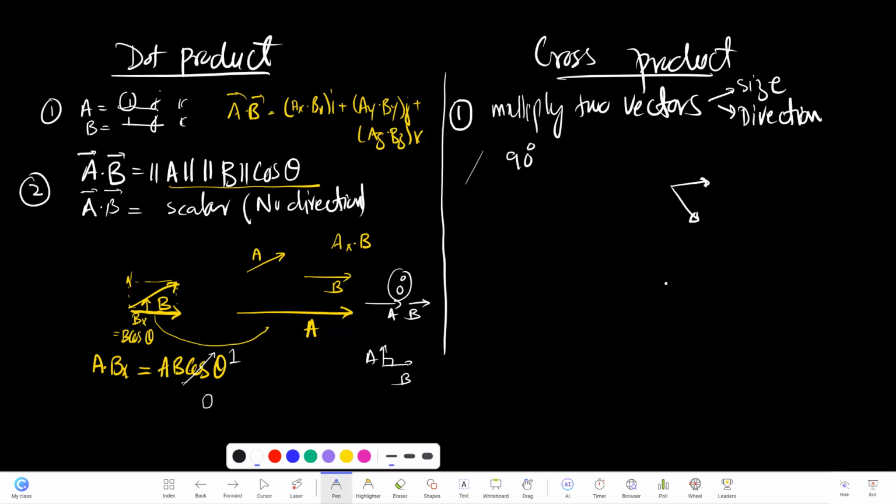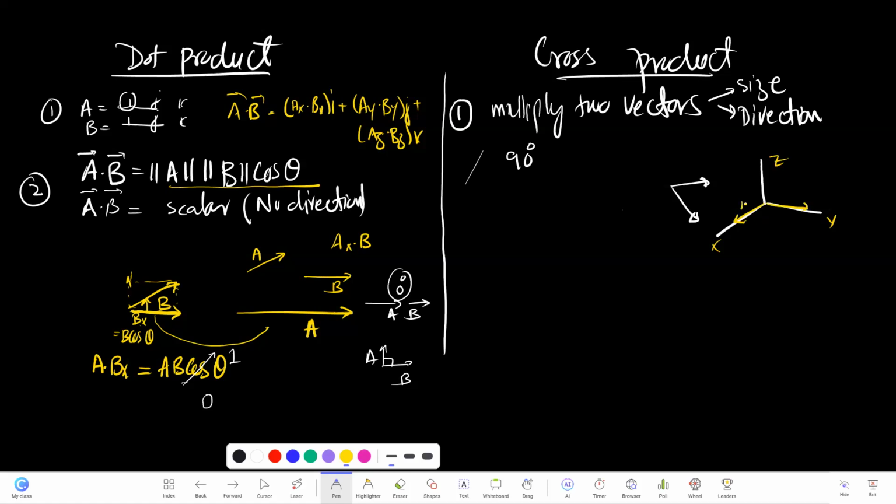Okay. Now this is very important here. If I draw in 3D, that will be much easier to understand. So let's suppose I have a 3D axis, and there's a y, there's x, there's a z, and I have a vector A here, vector B here.